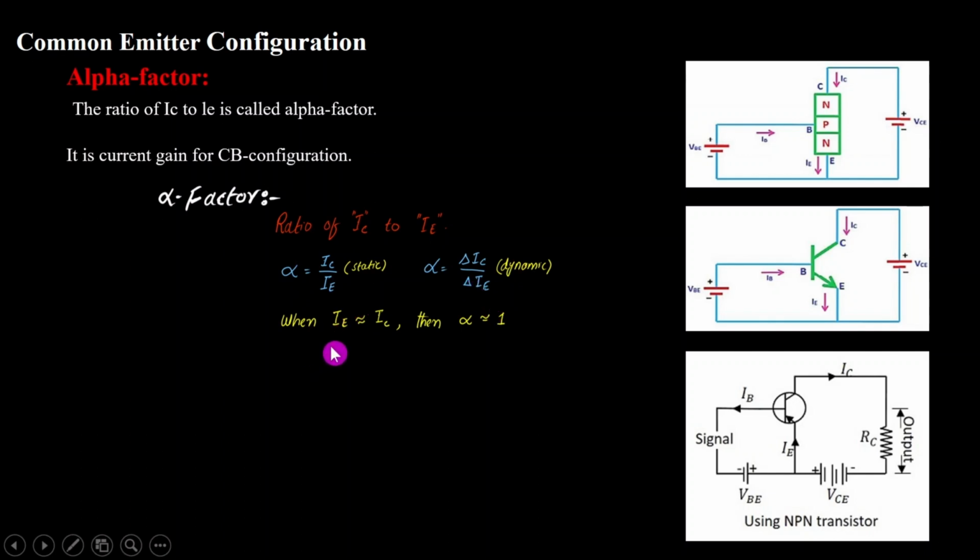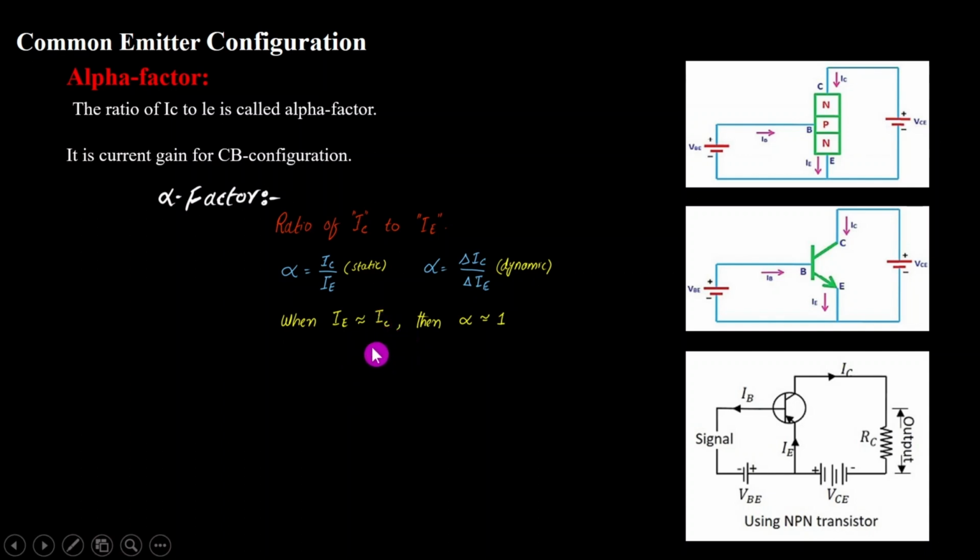Now, IE is approximately equal to IC, as I have discussed, that about 99 percent is the collector current and only 1 percent is the base current.